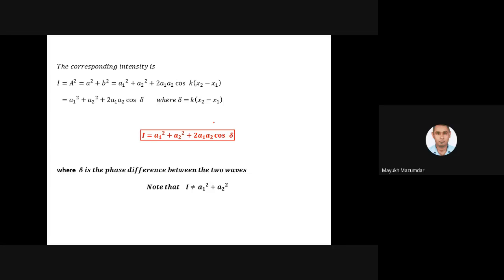Anyone? Don't remember, sir. What does it tell us? I don't want the definition. What do we get from that? So how intense the light rays are?